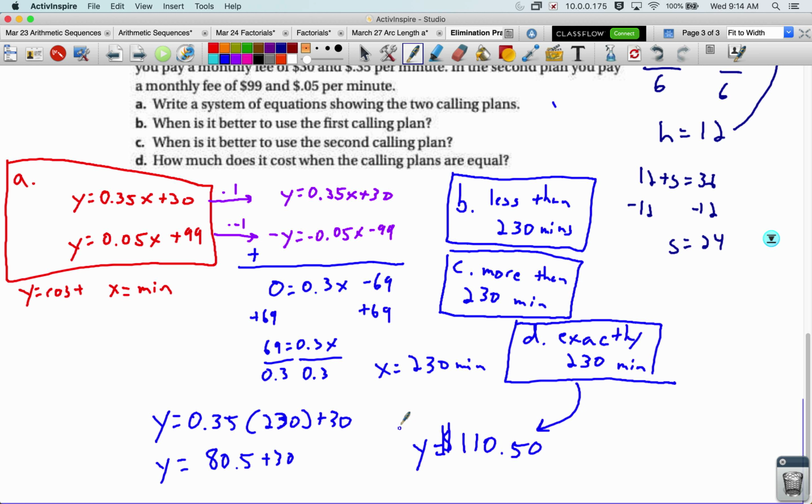So that's our proper answer to D there, $110.50. And we can check that by plugging in 230 into the other equation. I'm doing that now. 1150 plus 99 equals 110.5.